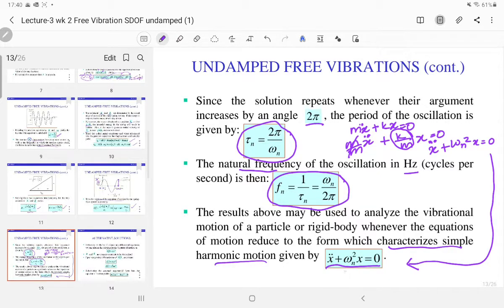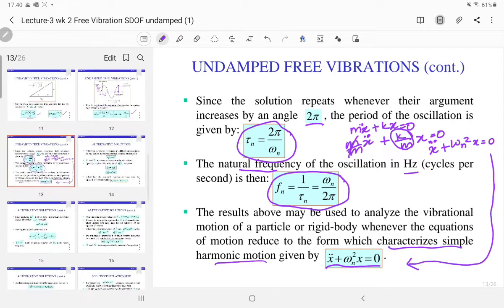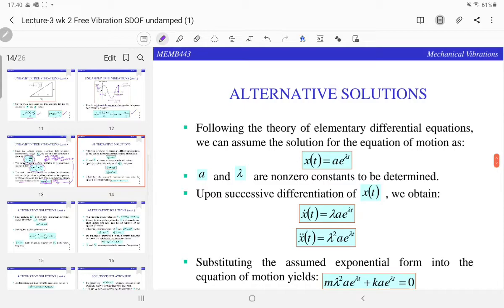If you have a complicated system, you model it as a single degree of freedom system, you get the expressions, and whatever coefficients you get, you put it in this form, so you can predict its natural frequency. That's the idea of deriving it in that form.